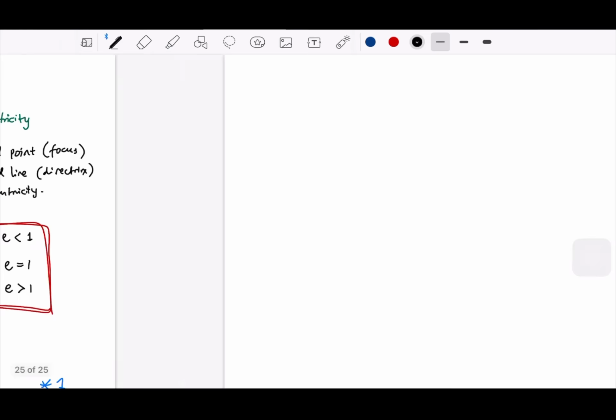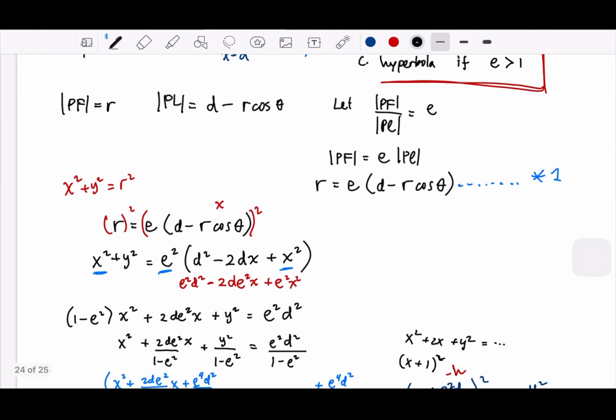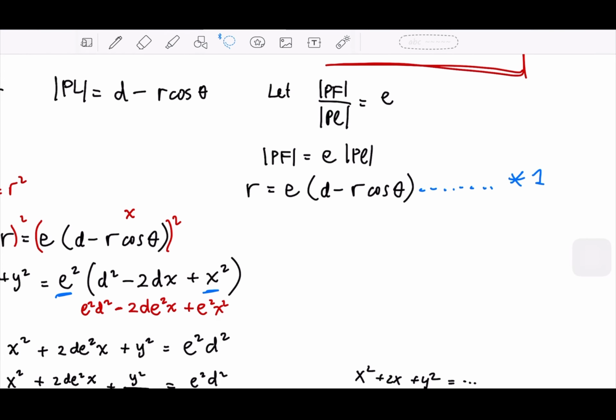Okay, so let me write these equations one more time. These general equations.